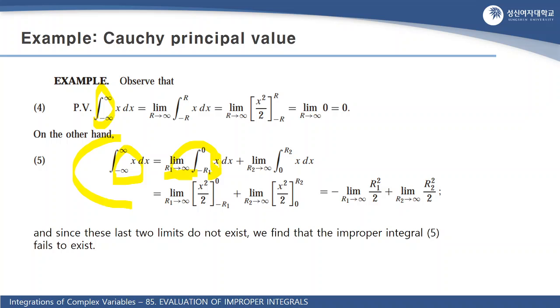the antiderivative of this function x is x squared divided by 2.